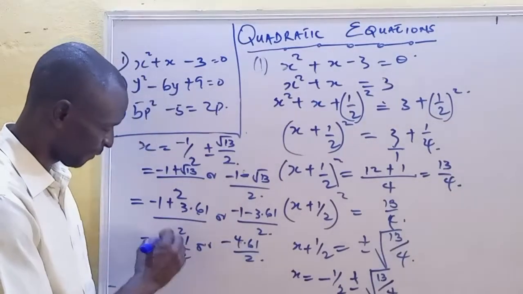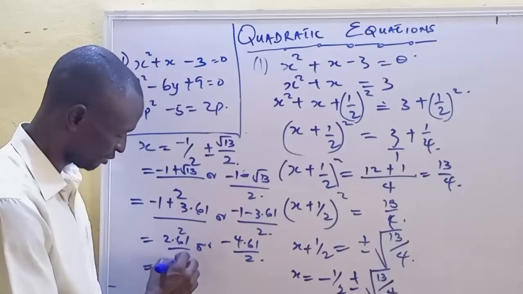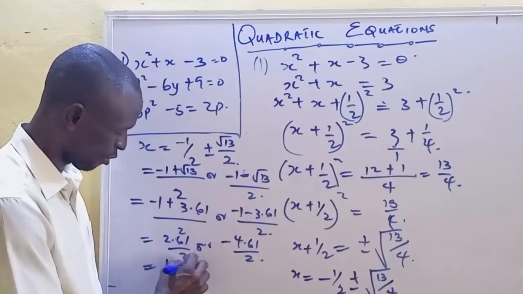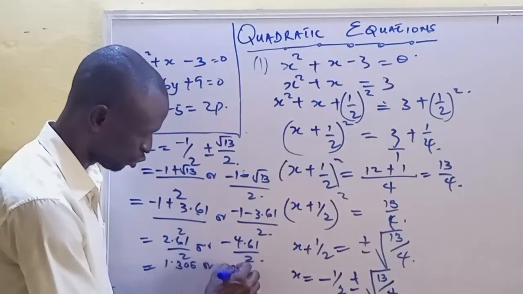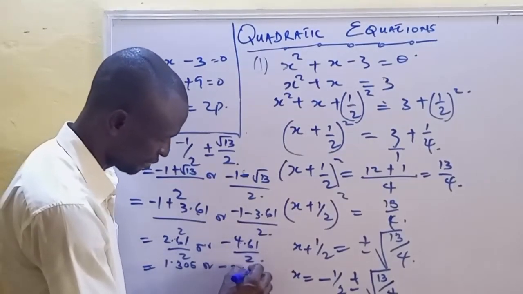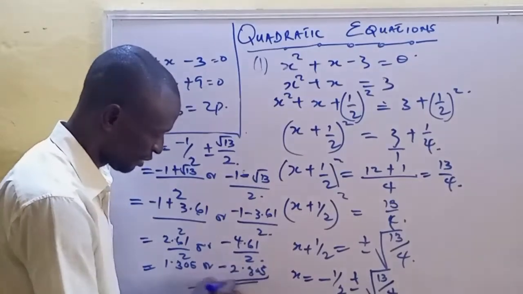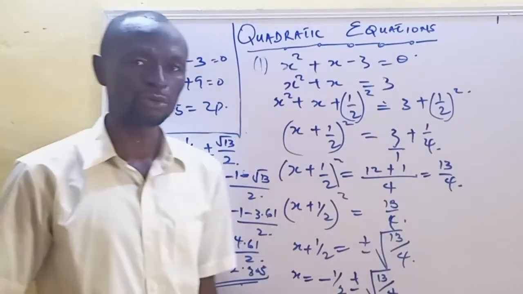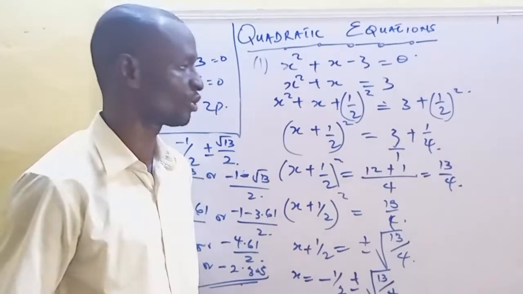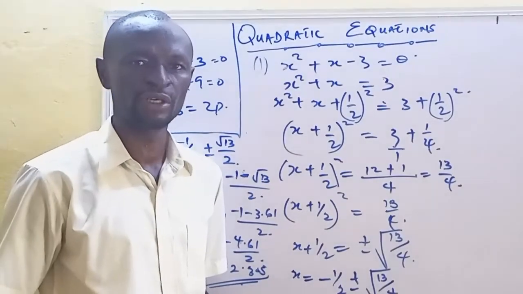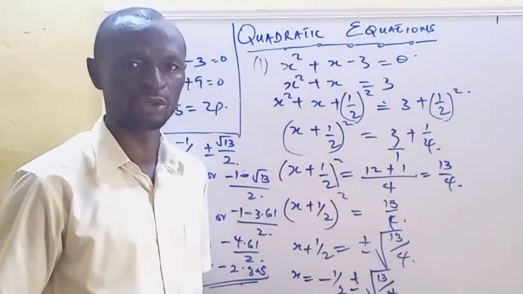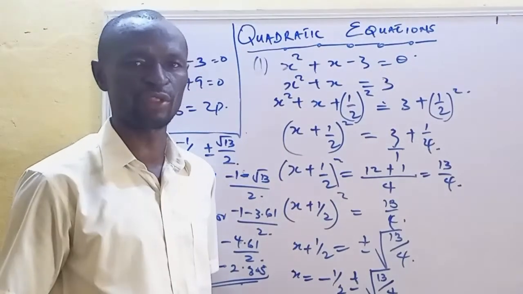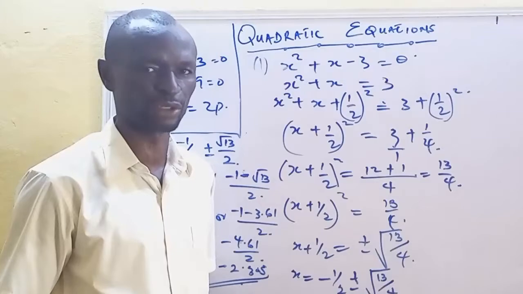This is obviously 1.305 or minus 2.305. Now this is how you solve quadratic equations when they involve irrational figures. Like this kind of question, it will be challenging to solve them using the factorization method.